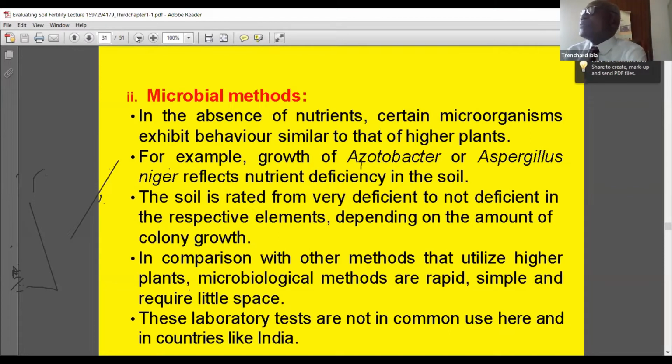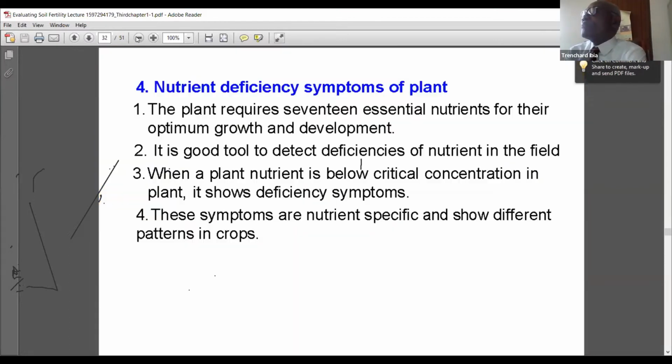So what are the issues in nutrient deficiency symptoms? The plant requires 17 essential nutrients for their optimum growth and development. And one of the 17 is nickel. Nickel is not properly studied, but it has been identified and added as the 16th after chloride.